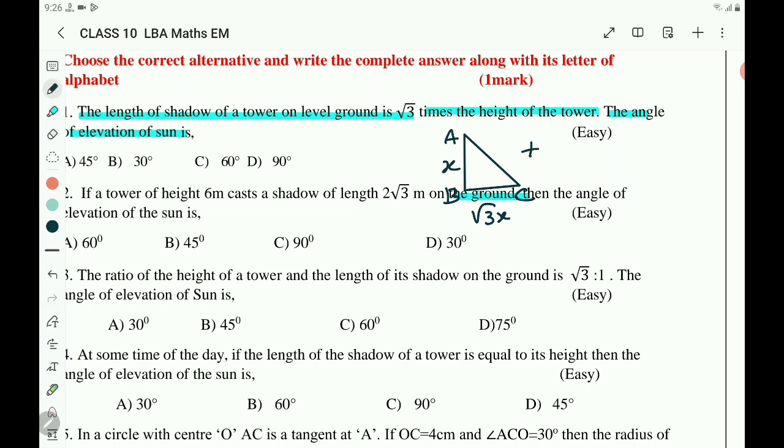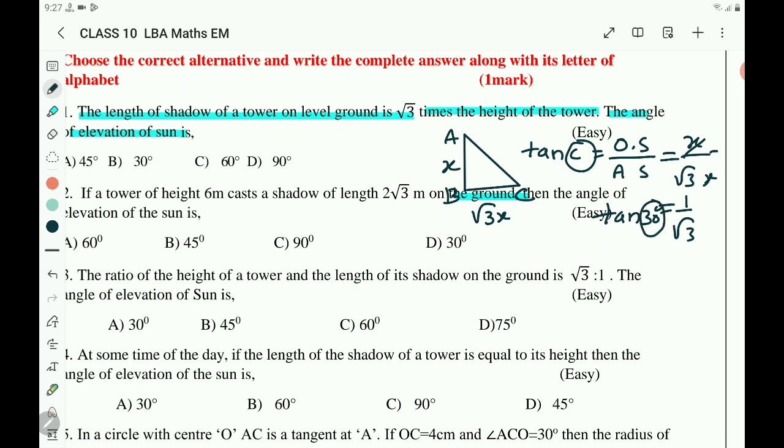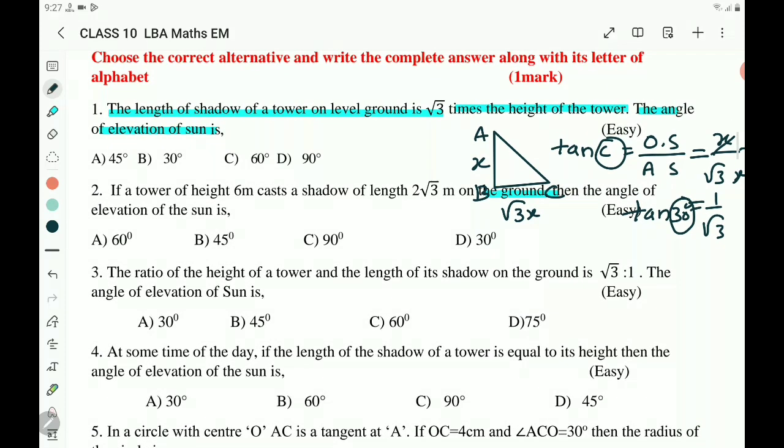So tan C is equal to opposite side by adjacent side, that is AB, x, by BC, root 3 x. So x cancels and you will get 1 by root 3. You know that tan 30 is 1 by root 3. So C is equal to 30 degrees. Option B is the answer.